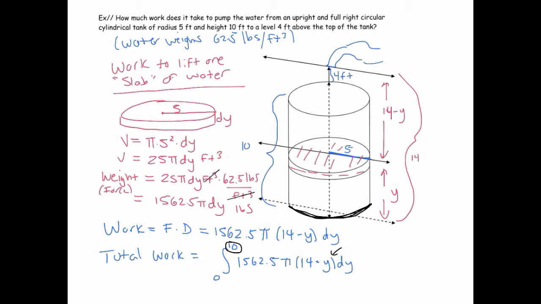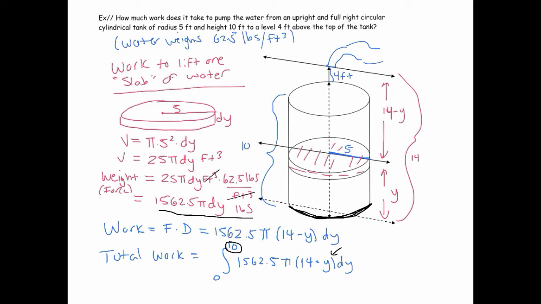The second question students ask me is, how come we couldn't just put this force expression right into the integral, like we did in the last problem, or in the problems earlier where you're just putting a force function into the integral? And the reason is because in this case, the differential dy is included in the weight or the force expression.